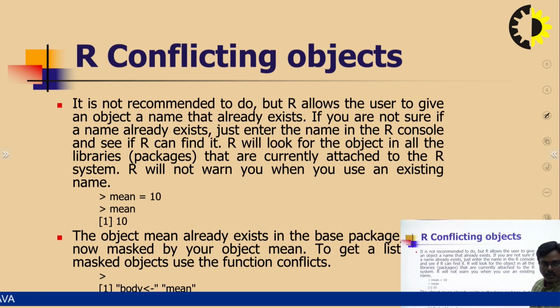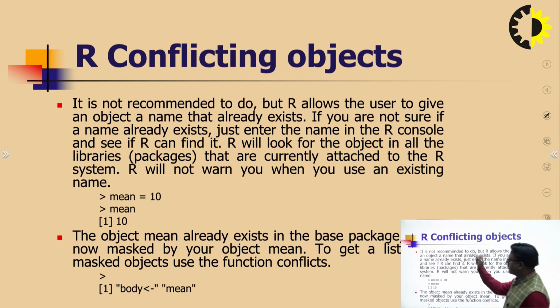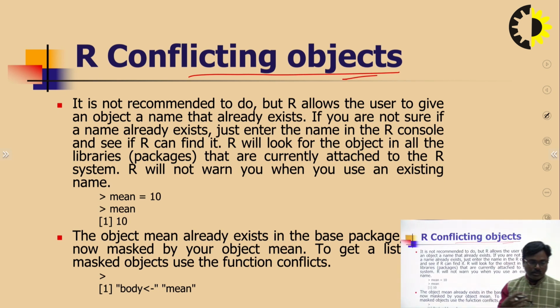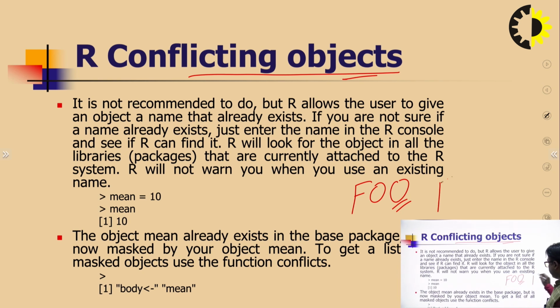Now there is also the matter of conflicting objects. What do conflicting objects mean? They have the same or similar name, but a different meaning or different purpose. We already know that if you write an object name in capital letters, it will represent one object, and similarly if you name the same object but in small letters.